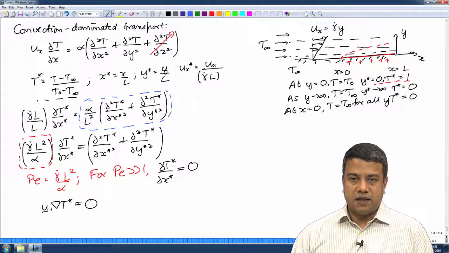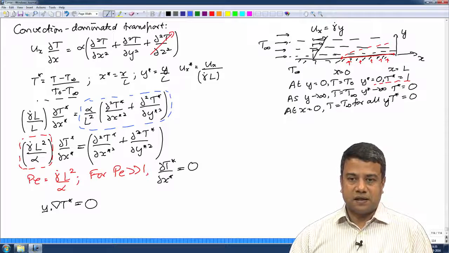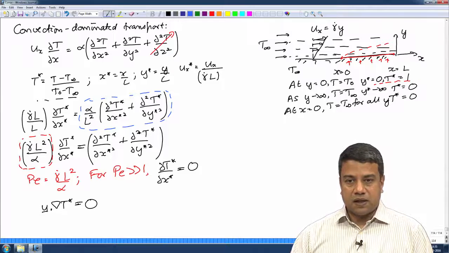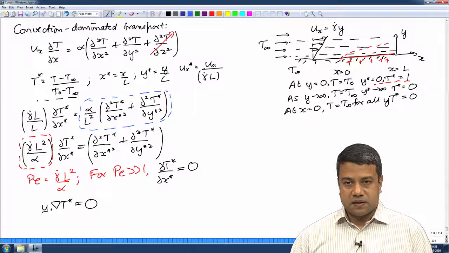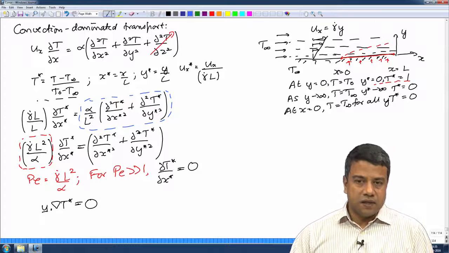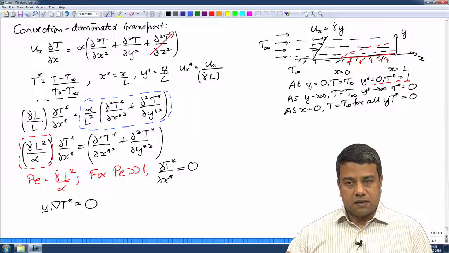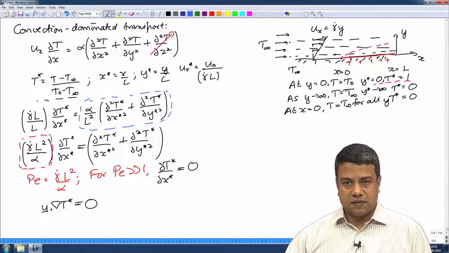However, when you have scaled the equations by the correct thickness, the equation itself will be independent of Peclet number in the limit as Peclet number goes to infinity, so that in the scaled equations there is still a balance between convection and diffusion even in the limit as the Peclet number becomes larger and larger. As convection to diffusion becomes larger, the thickness becomes smaller.